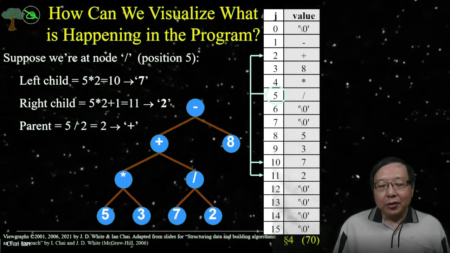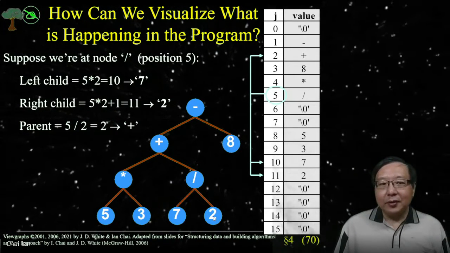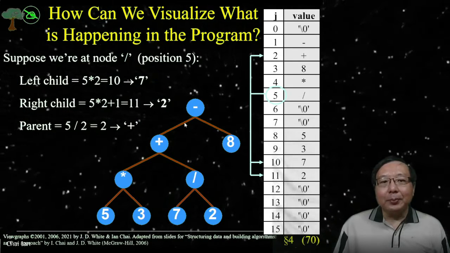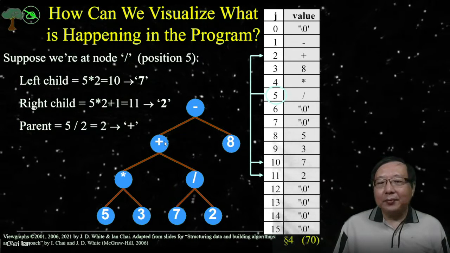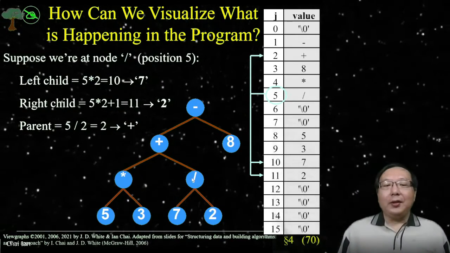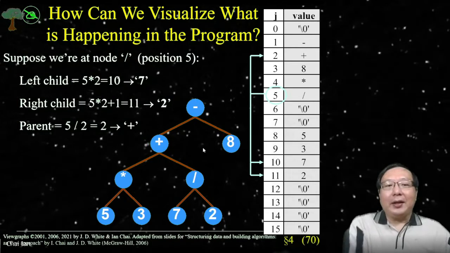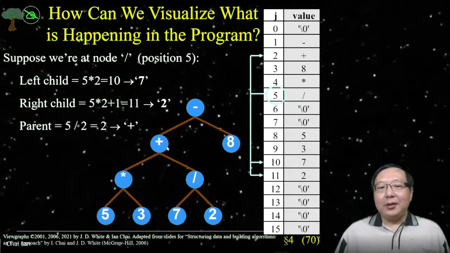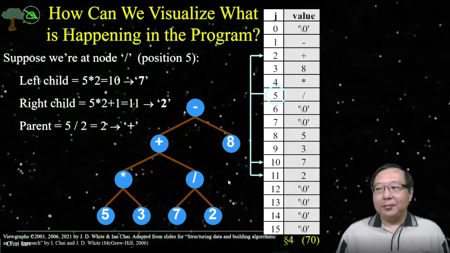So it's the 2. So we've got the 7 and the 2 here. See? The parent is 5 divided by 2, which is this plus here. So you can navigate this whole tree very quickly by just using this calculation.